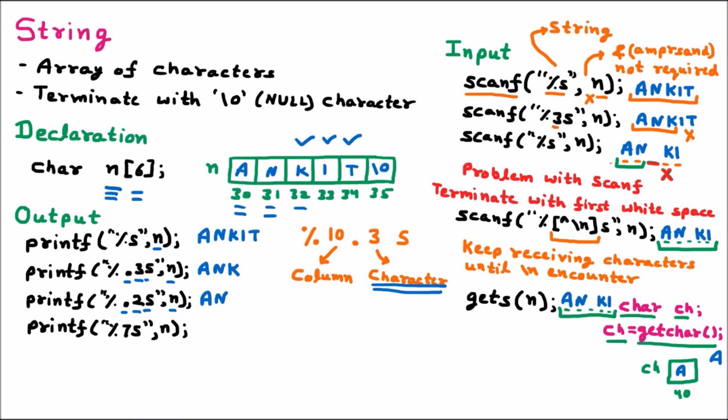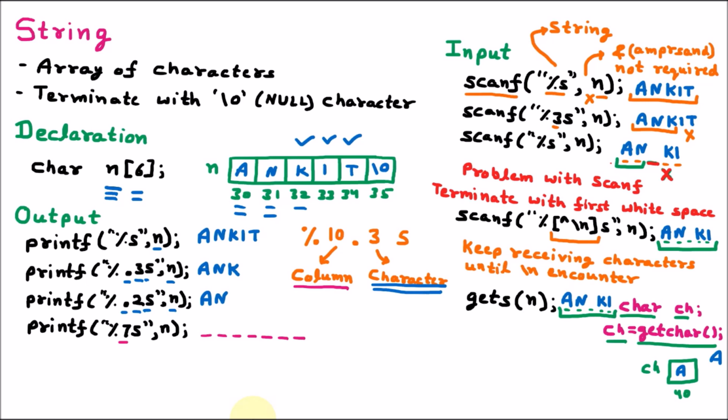Here we are not using any dot, we are simply saying 7. Here 7 is the column, meaning we are going to display 7 characters on the screen: 1, 2, 3, 4, 5, 6, 7. The meaning is that on the screen there should be 7 characters. If we have fewer characters, then the remainder should be filled with spaces.